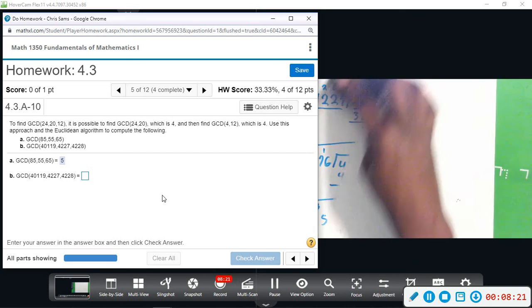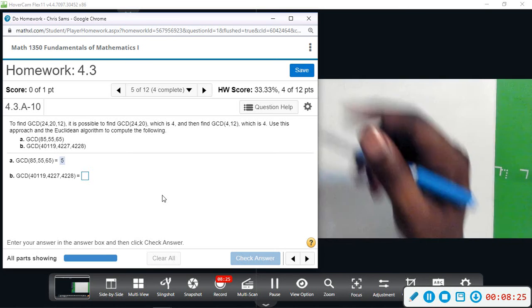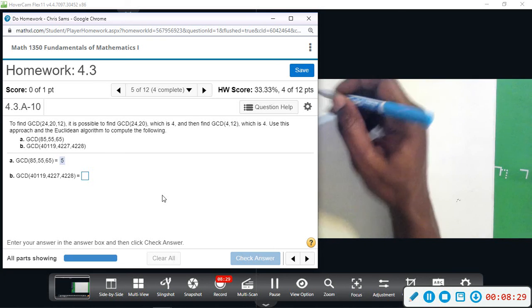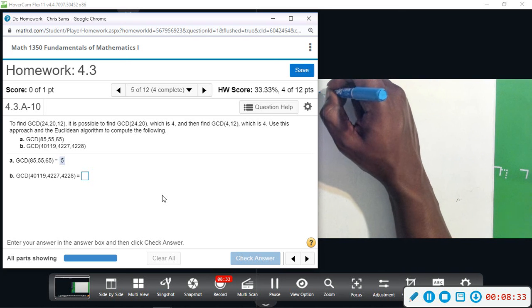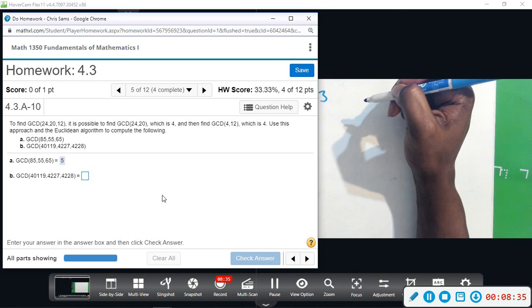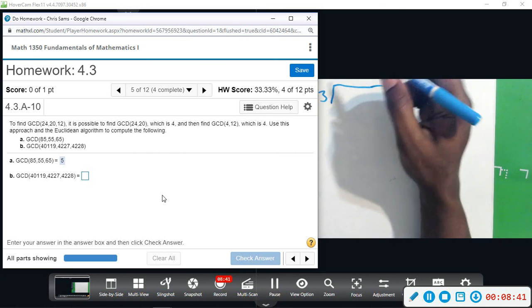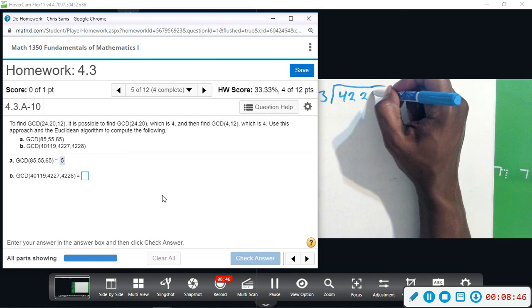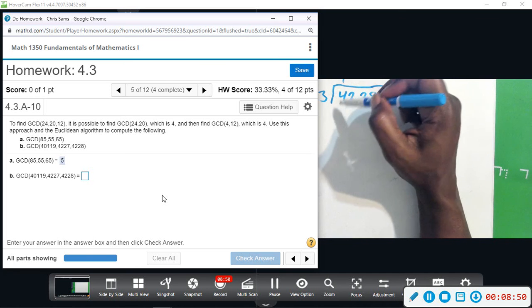Now, we're going to use 3 with the 4228 and see if it goes in there. I'm guessing probably not, since it's just one more than the 4227. But let's go ahead and show it. 3 goes into 4228. 3 goes into 4 once.